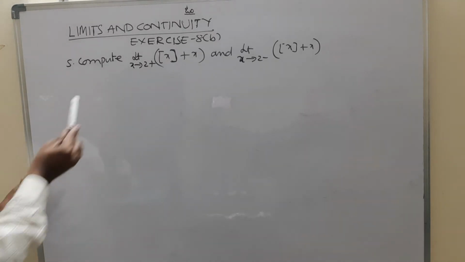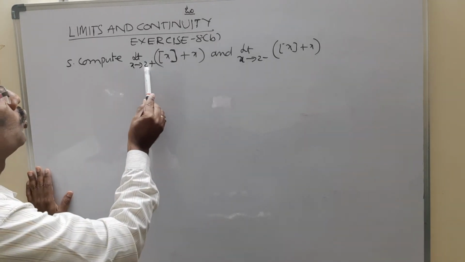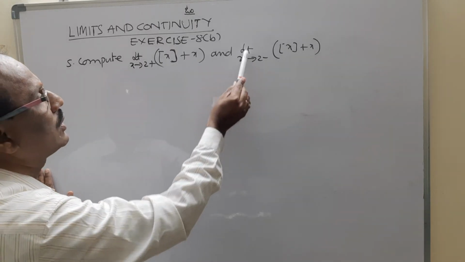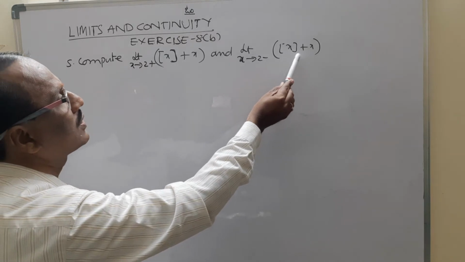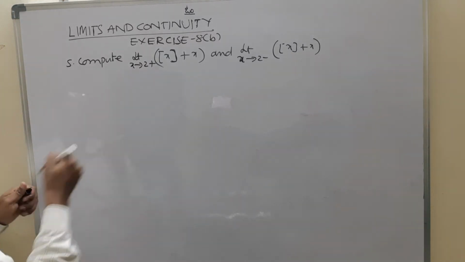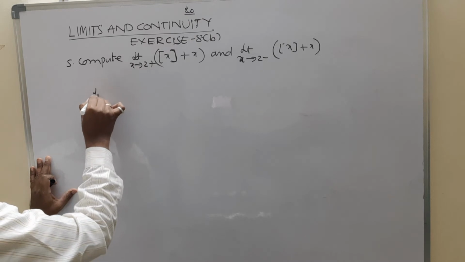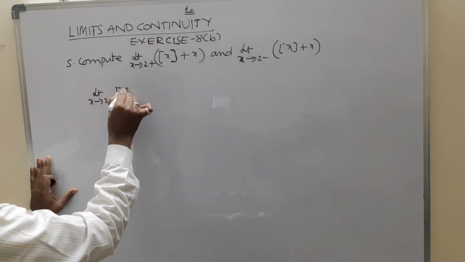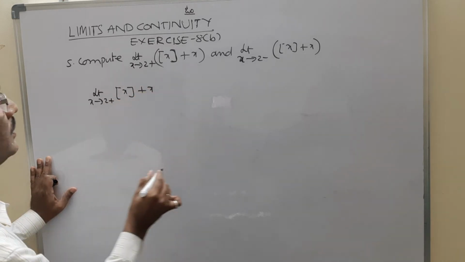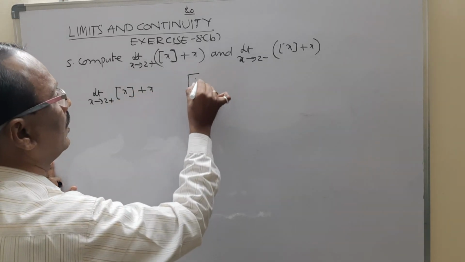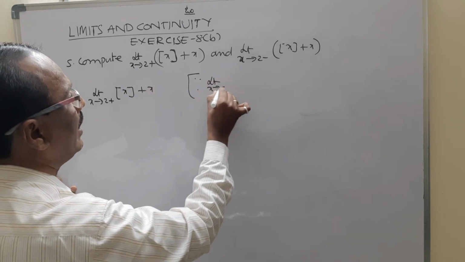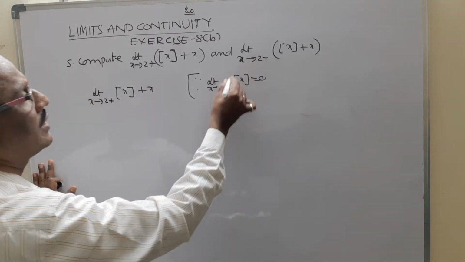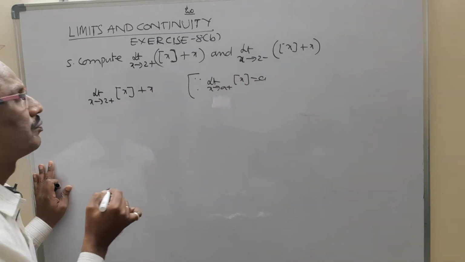Problem number 5: compute limit x tends to 2 plus of box x plus x, and limit x tends to 2 minus of box x plus x. Here the first problem: limit x tends to 2 plus of box x plus x. Here limit x tends to a plus of box x is equal to a. This is the greatest integer part of x.